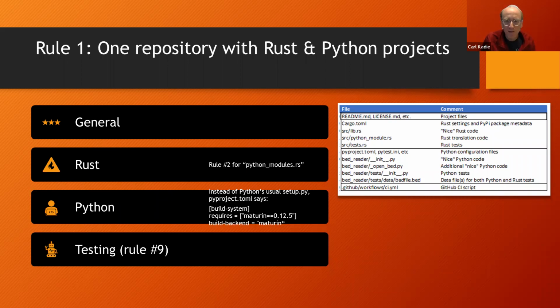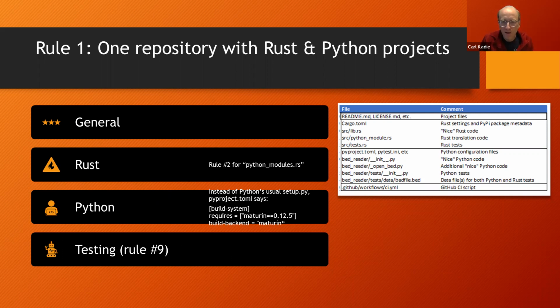On the Python side, things look almost normal. We'll have the regular Python configuration files. We'll have a folder, bed_reader, named after the project, and then the default Python file, __init__.py, and then some other files that are appropriate to whatever we're doing.